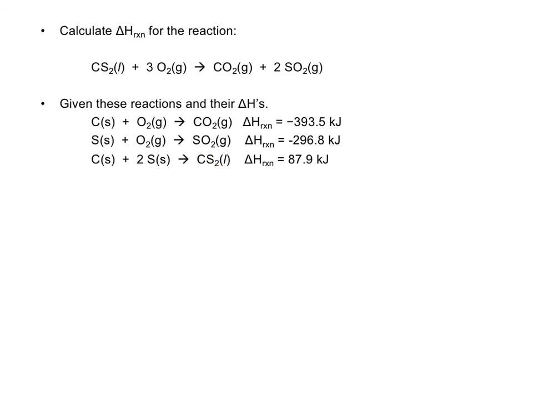But I have the right number of them. I want 1 mole and I have 1 mole. It's just a product instead of a reactant, and so I'm going to flip this reaction. So I have, and so that delta H is now going to be negative 87.9 kilojoules.